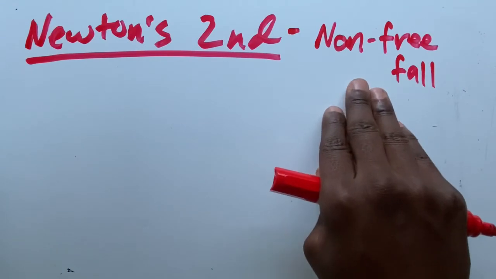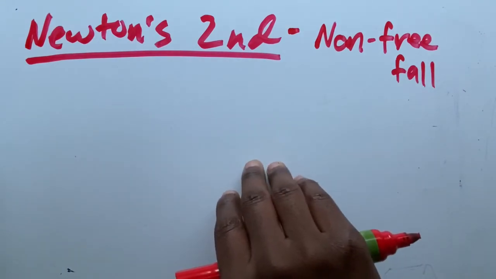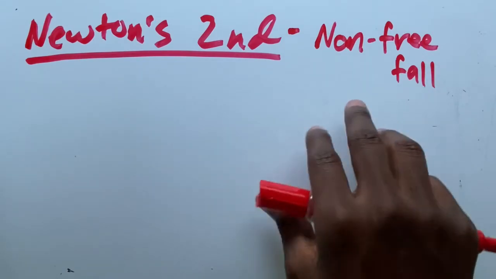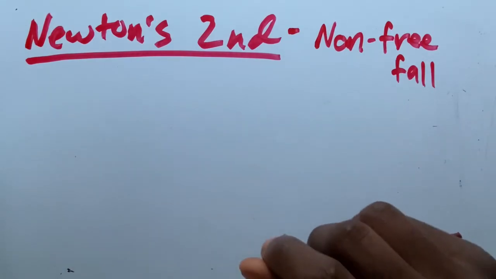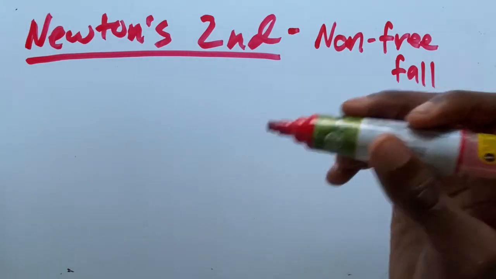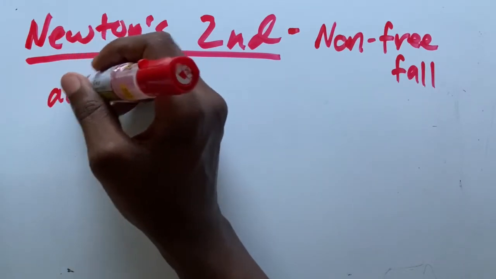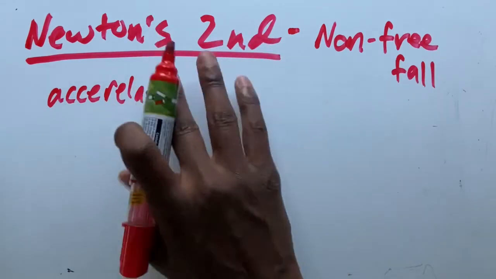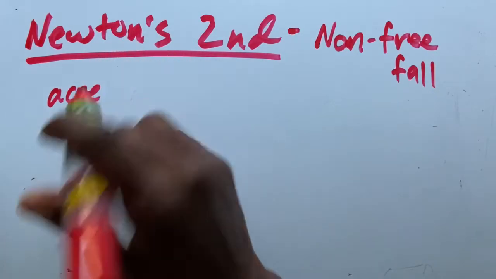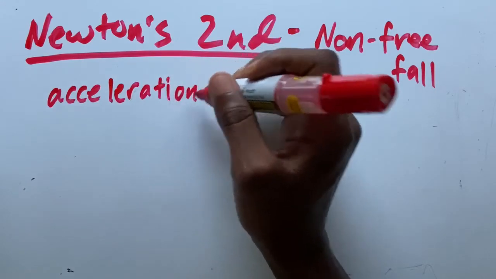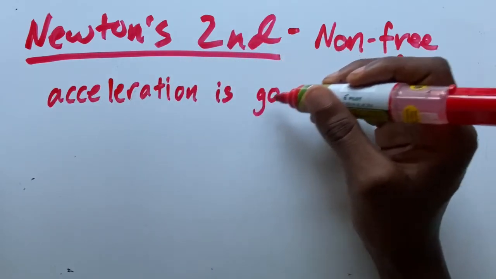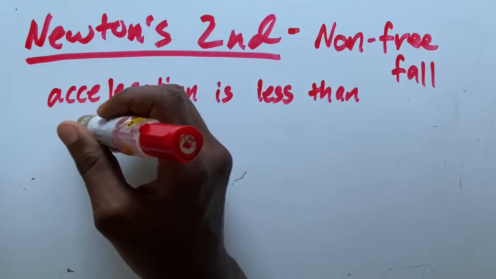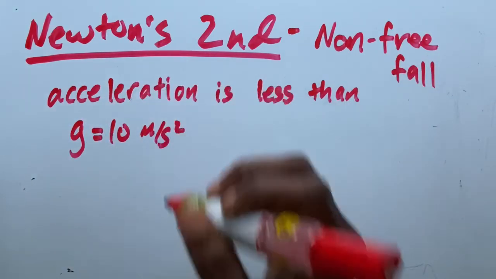So in any scenario where an object is falling and it's non-free fall, that means we're considering the other forces that are in play, like air resistance and wind, etc. So whenever an object is in non-free fall, the acceleration, oops, spelled that wrong, acceleration is going to be less than g, which equals 10 meters per second squared.